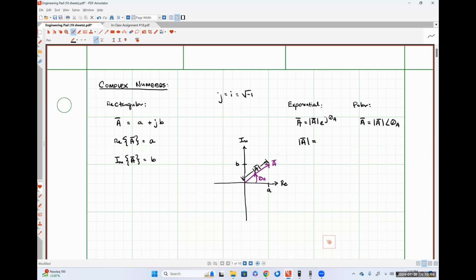If we look at our little complex number A, it forms a right triangle, and the length is just the hypotenuse of that right triangle. So it's just going to be the square root of a squared plus b squared, which we could write more generally as the square root of the real part of complex number A squared plus the imaginary part of complex number A squared.